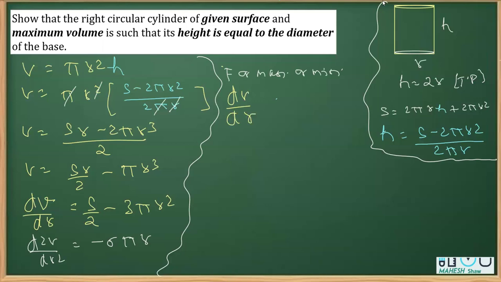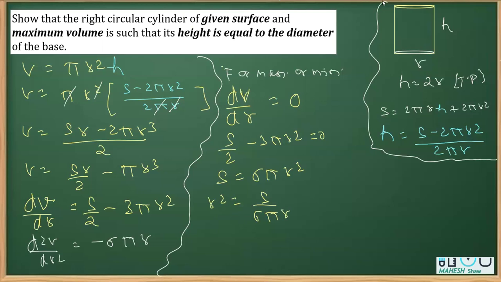Equating this with 0, I can say s over 2 minus 3 pi r square equals 0. So we can say s is equal to 6 pi r square. In turn, we can also say r square is equal to s over 6 pi.